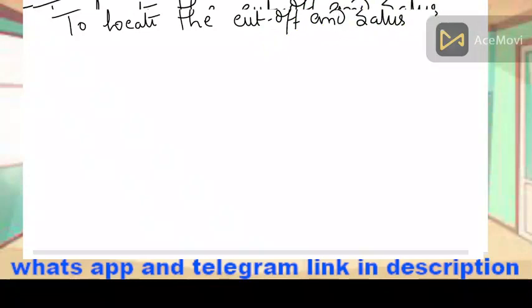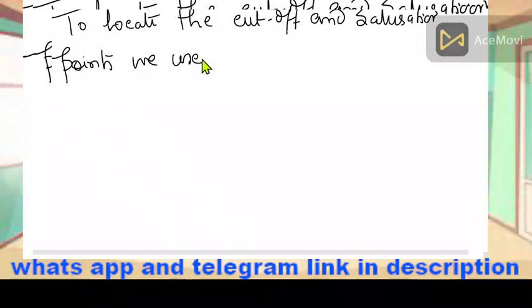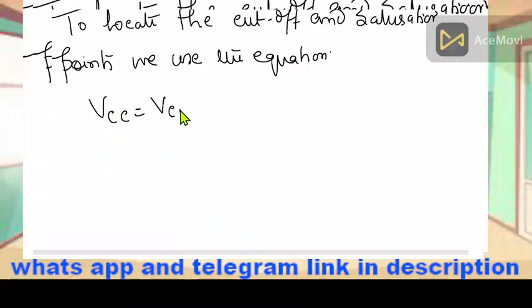We use this equation that I discussed in the previous lecture. That is the relation between collector emitter voltage and collector biasing voltage.